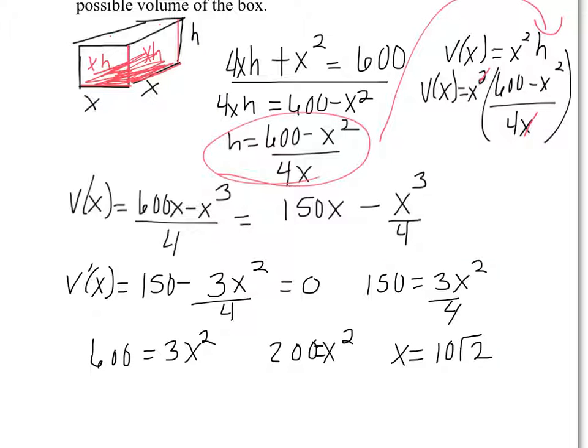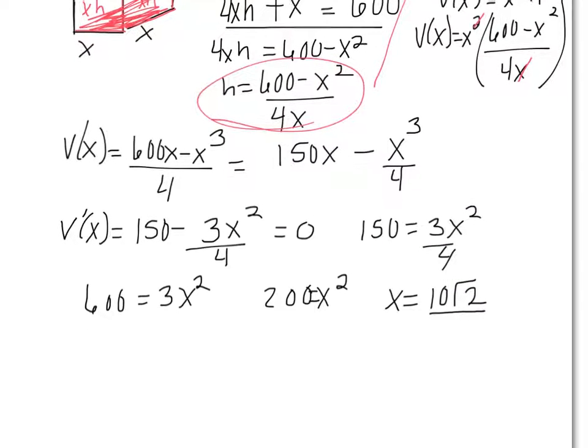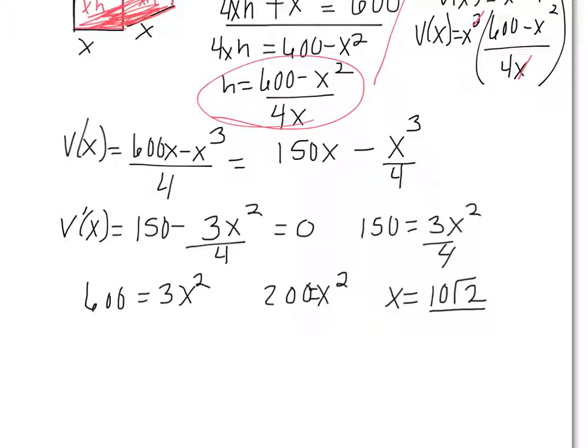Now I'm supposed to find the largest possible volume. So now that I know the x dimension, I don't actually have to go figure out what the y dimension would be for this case. I just have to find the largest possible volume. And my volume function that I found before I took the derivative is this guy right here. It's all in terms of x, so I don't have to find the height.